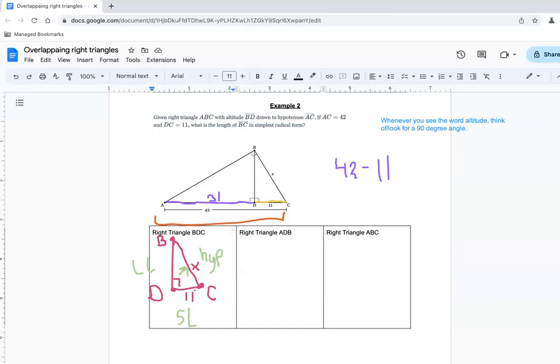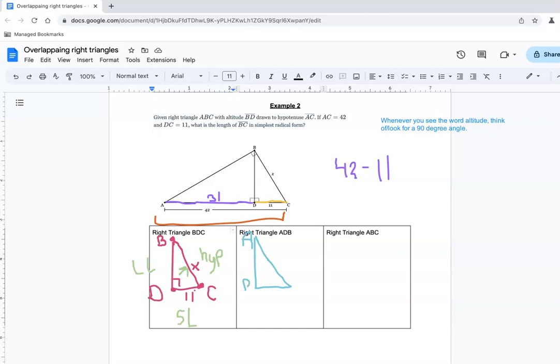Triangle ADB, we're going to stand it up like we did the last time, right? So I'm going to draw it the same way we did the purple triangle. All right. So it's going to be A up top. So imagine that as being rotated, in other words, right?